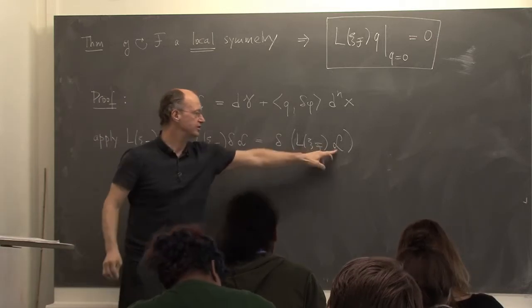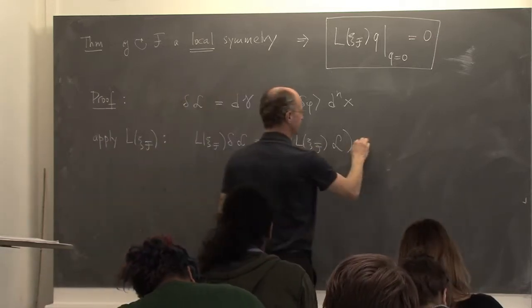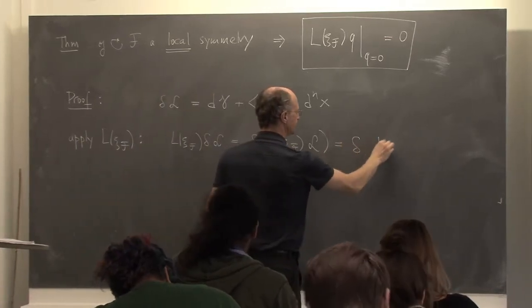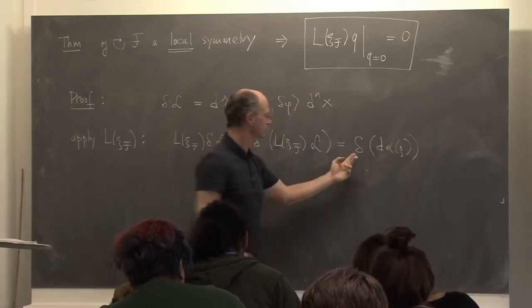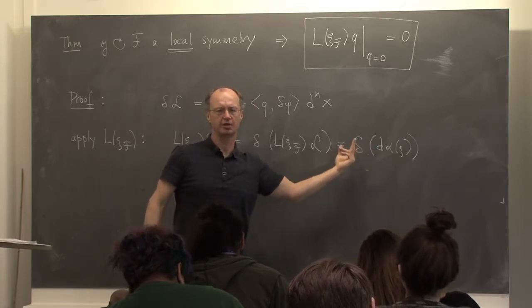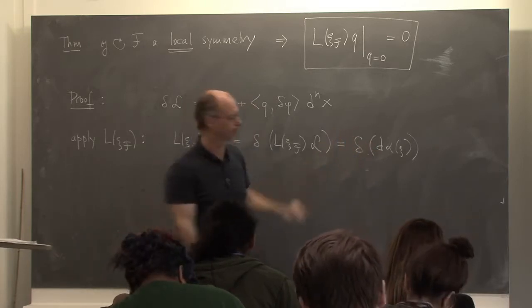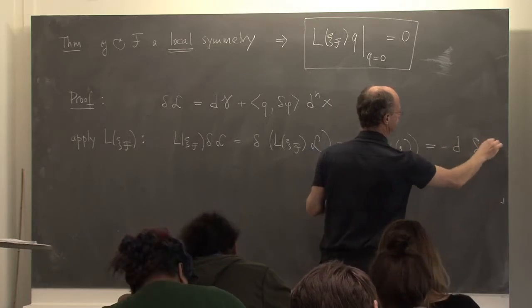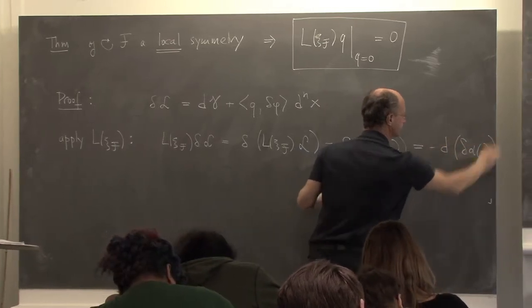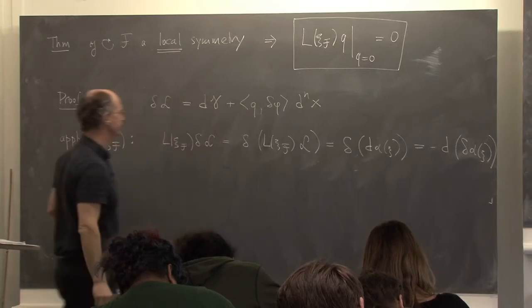Now we assume that this is a symmetry. This means that this will be G alpha of psi. So the two partial de Rham differentials anti-commute, so we can rewrite it as G delta alpha of psi.